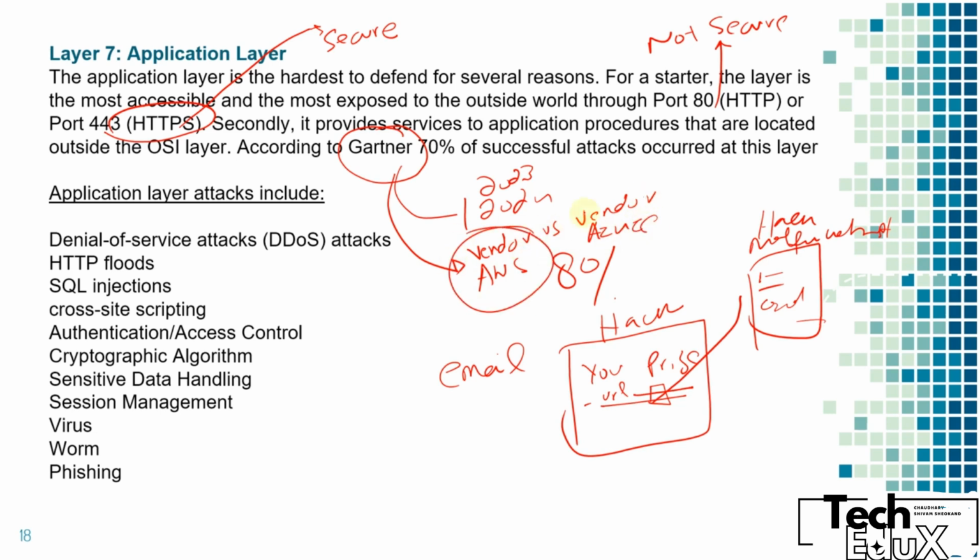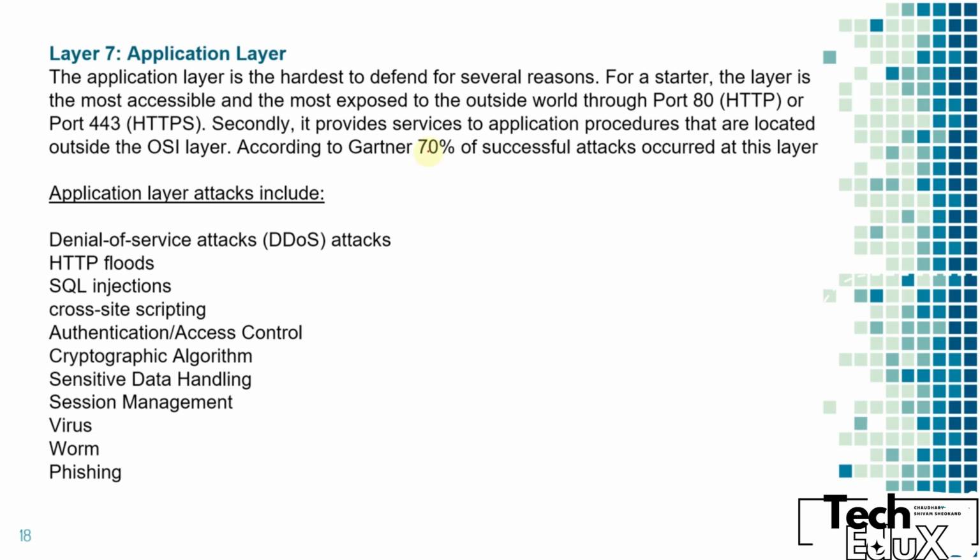So Gartner is a very good website if you want to go and surf it. According to Gartner, 70% of successful attacks occur at this layer. I said 80%, but maybe these days 90% of attacks happen on the application layer. But as per Gartner, 70% of successful attacks occur at this layer.